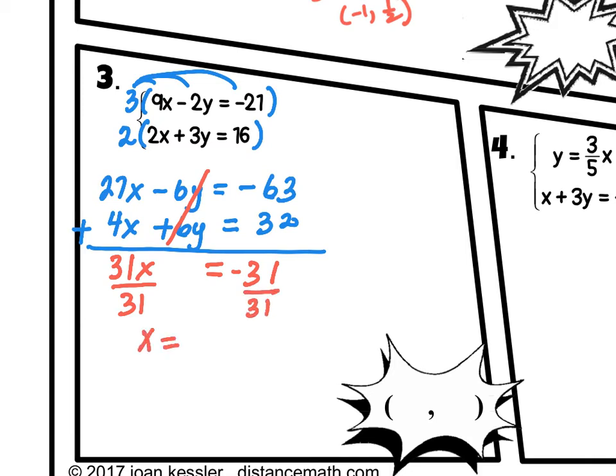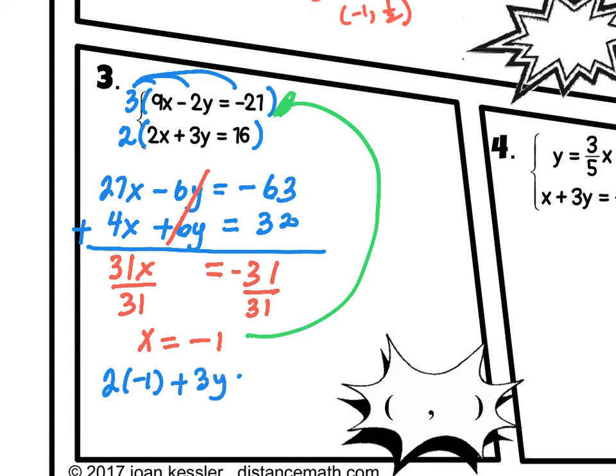So x equals negative 1. Now that I have x, I got to find y. You can choose to use any of the two that are right here. I'm going to go ahead and select the second equation. So I have 2 times negative 1 plus 3y equals 16.